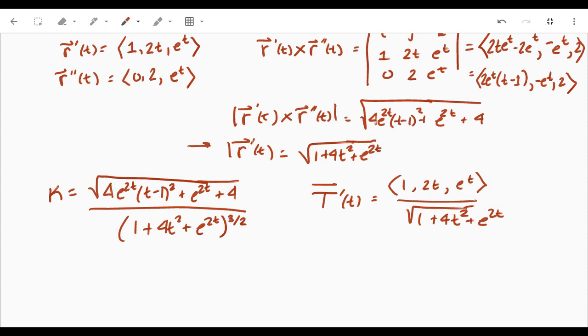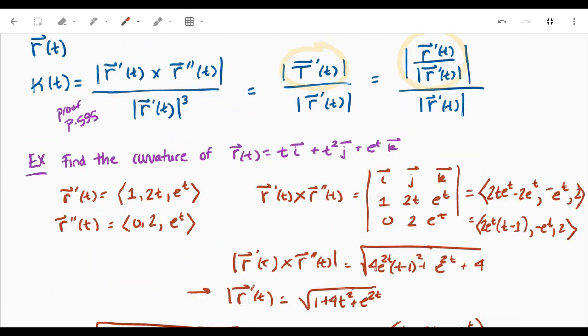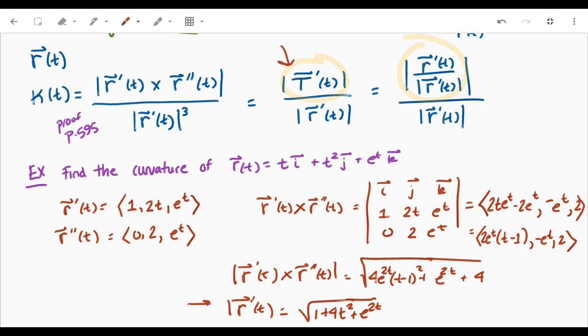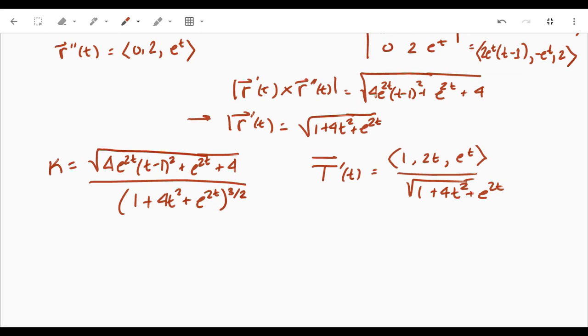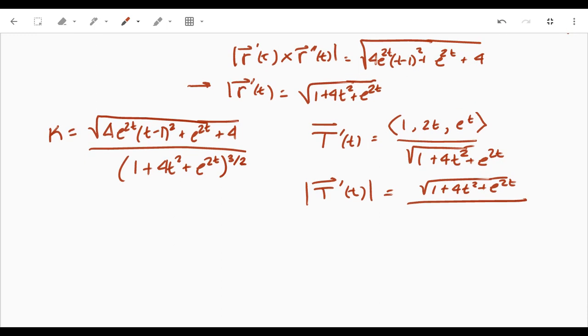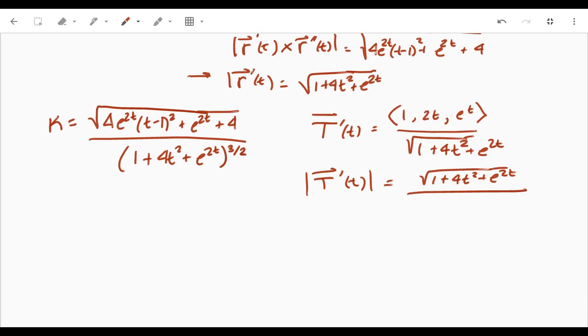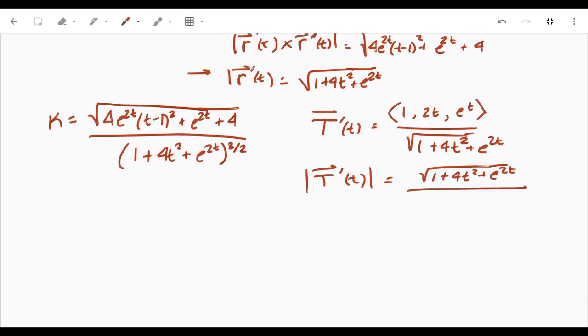Yeah, the magnitude of that we'd have to find. Okay. Again, we need the magnitude of that. So we'd have to square everything and square root it. So it'd be the square root of 1 plus 4t squared plus e to the 2t, right? And then over, oh, I'm going to get messy here, aren't I?